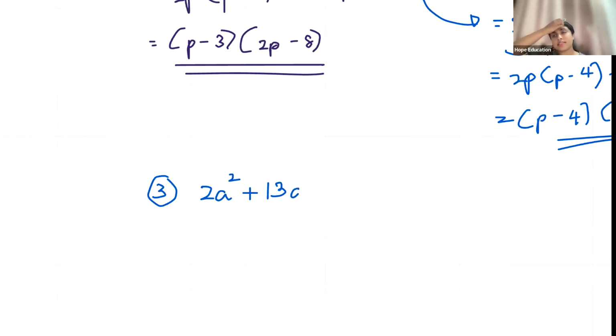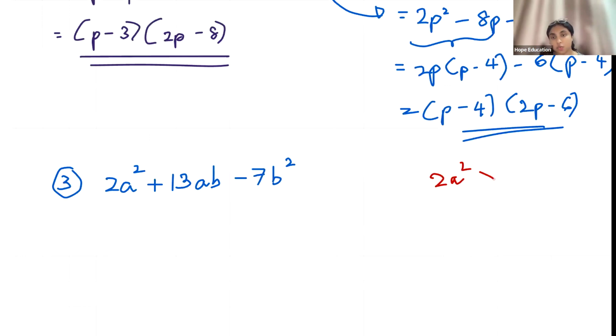So this is slightly different, as the last term is squared. However, let's not panic. Whatever we have learned, we are going to use it the same way and we'll see if it works. First term is 2a squared. Last term is minus 7b squared. So I'm going to multiply these two as usual. 2 times 7 is 14. a squared, b squared.